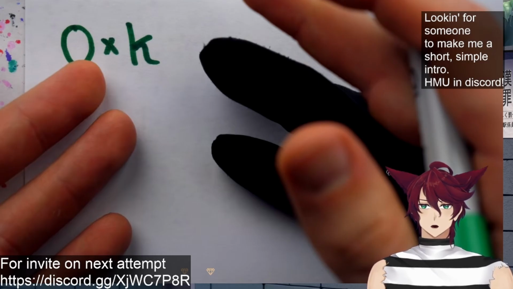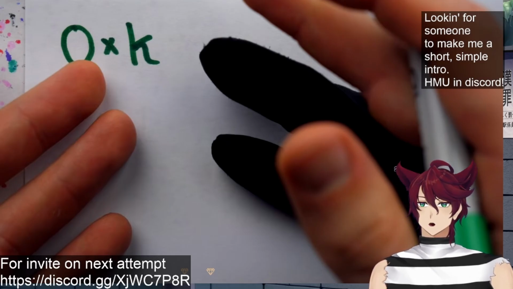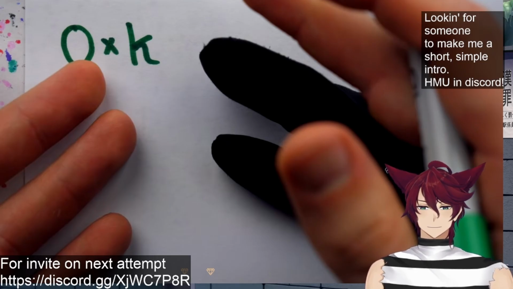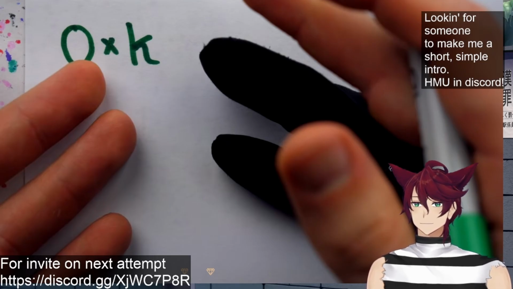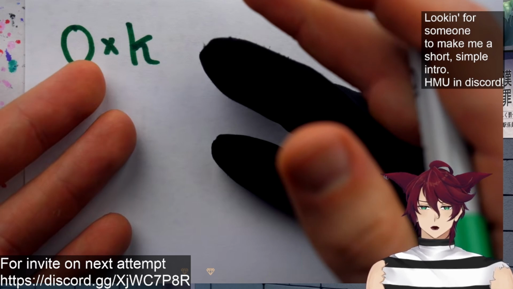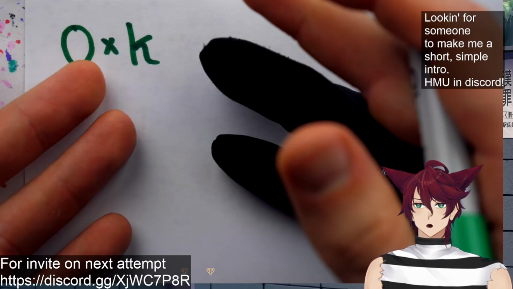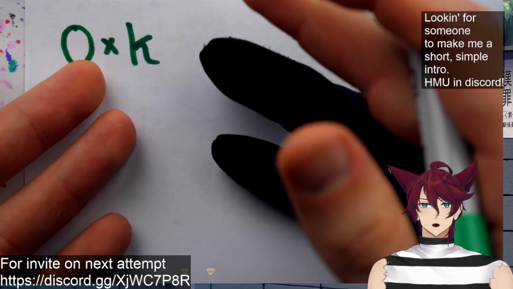So we have 0 times some real number k, and this equals, let's say, some non-zero real number, x. We'll just use x. All right, so 0 times k equals x, where x is non-zero.